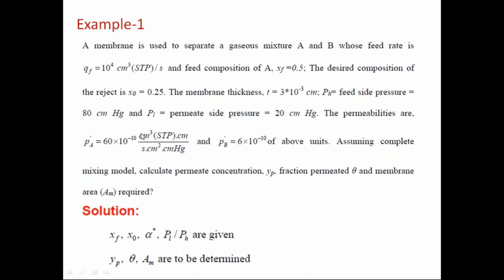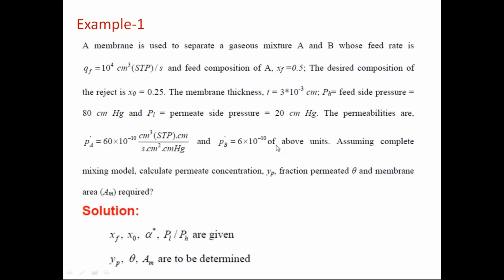You should remember the permeability units: centimeter cube STP per centimeter divided by centimeter square, centimeter Hg and s. You can use the pressure units depending upon the permeability. If the permeability is given in centimeter Hg, then your pressure values are to be in centimeter Hg. If they are in mmHg, then you convert them into mmHg depending upon the permeability value. Or sometimes you can also have pascals and all those things. So accordingly you can take the pressure values.